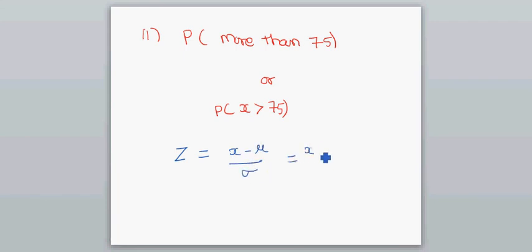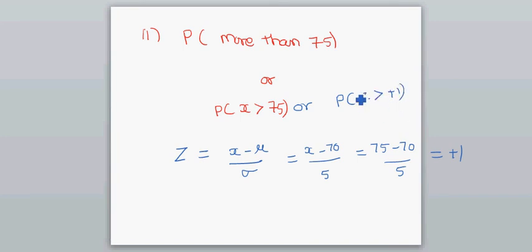Because the mean mu is 70 and standard deviation sigma is 5, we get 75 minus 70 by 5, which is plus 1. So saying X greater than 75 is the same as saying Z greater than plus 1.